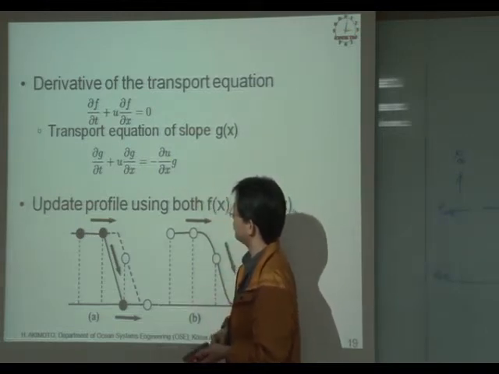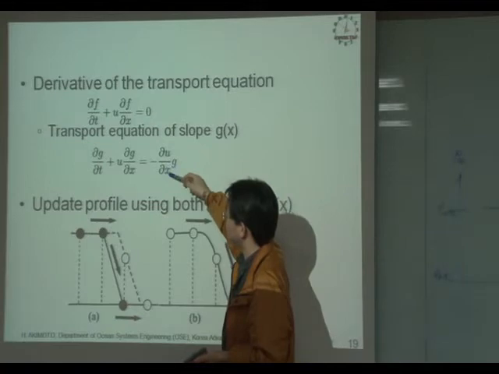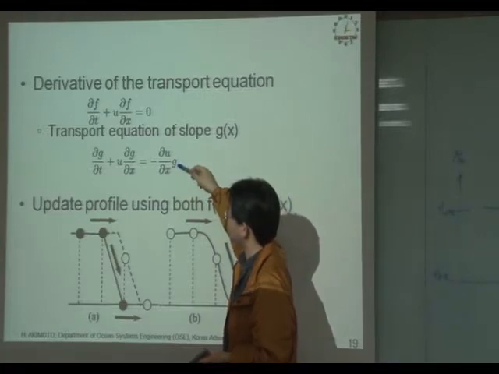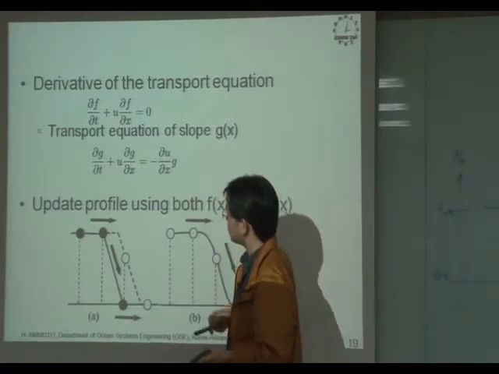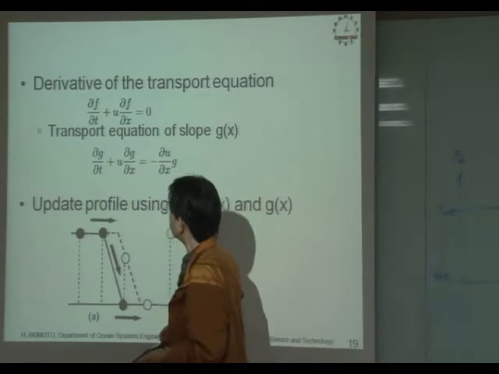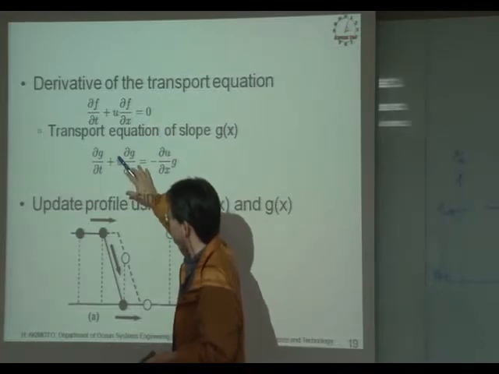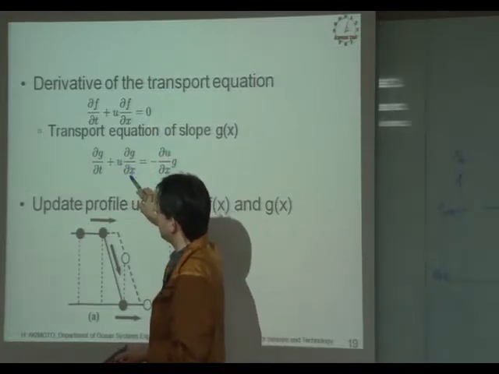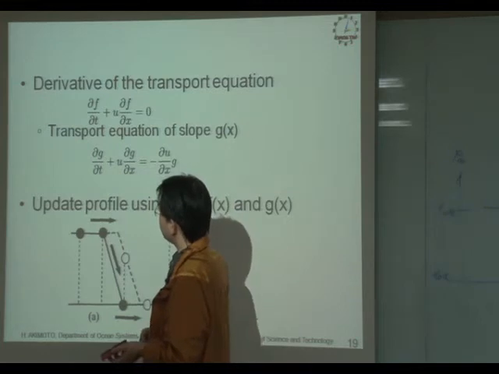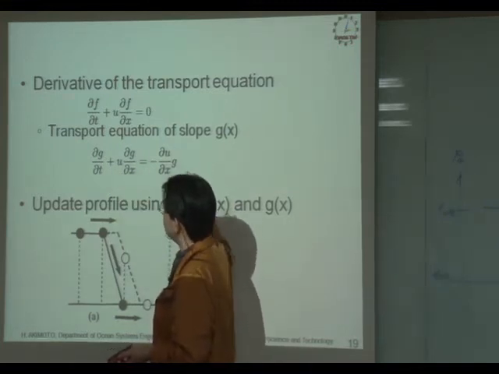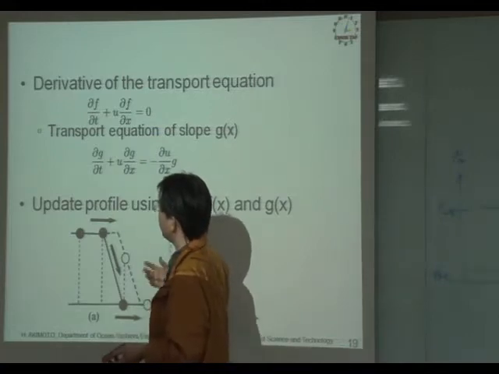Gradient is increased. Its rate is proportional to this one, slope times the velocity gradient. Anyway, the slope of the physical value is transported based on this equation, and this part will be added for the treatment.